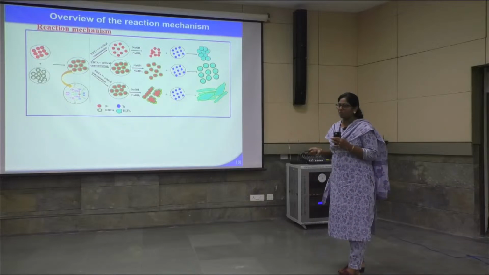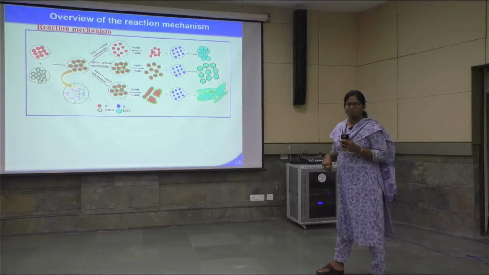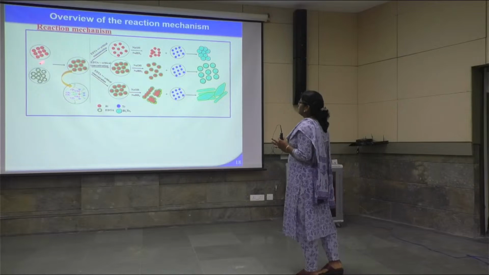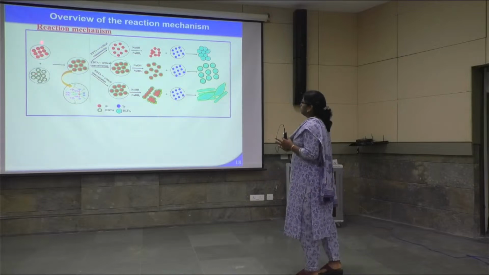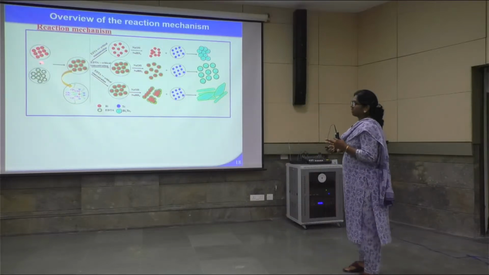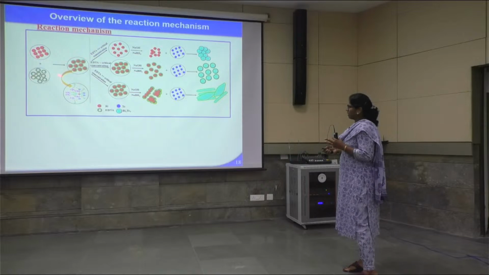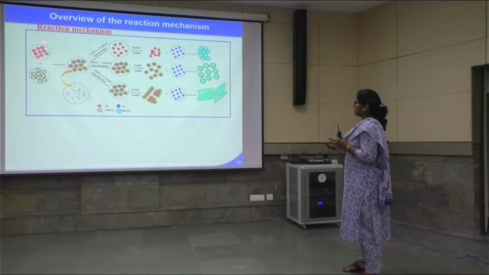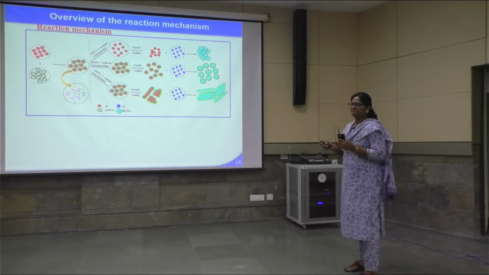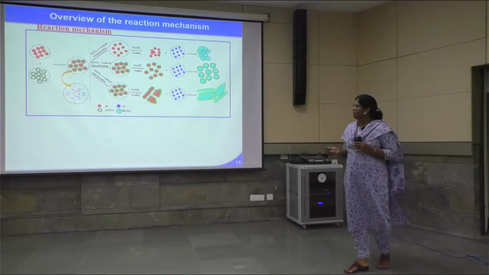From the chemistry point of view, what is the reason? The reason is, when we use bismuth chloride, then the surfactant reaction happens, and the surfactant covers the bismuth elements.